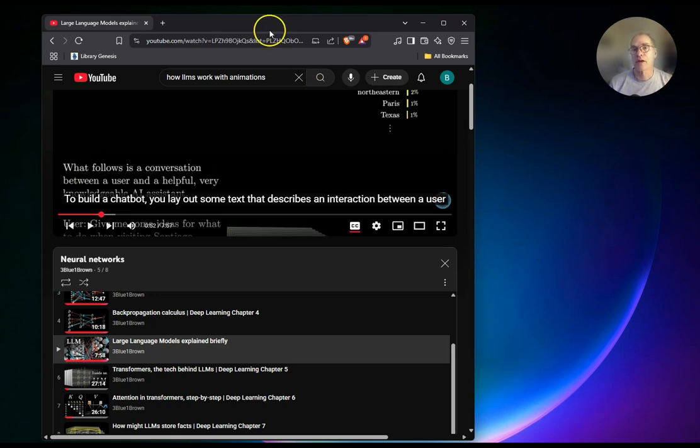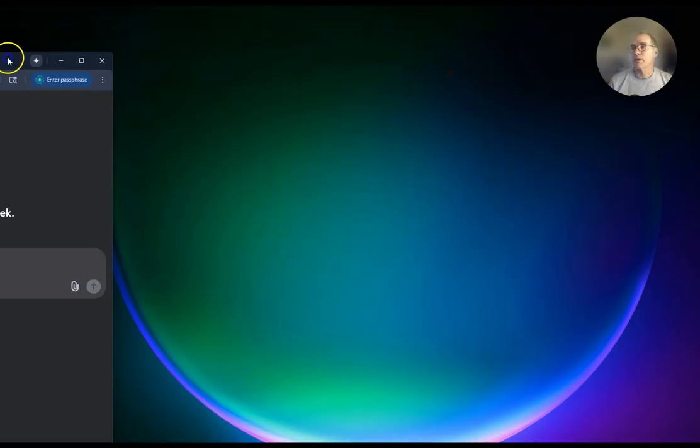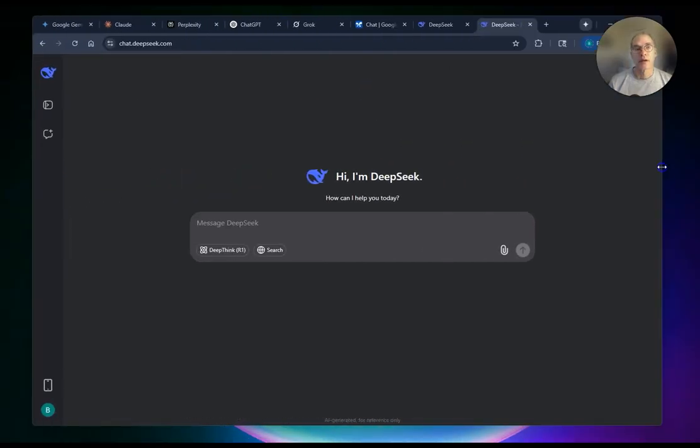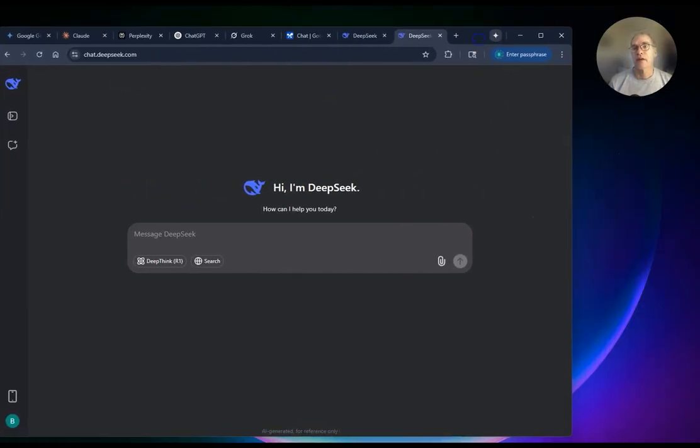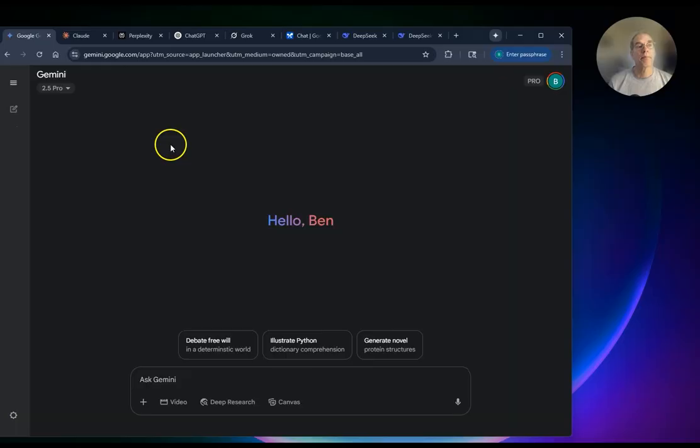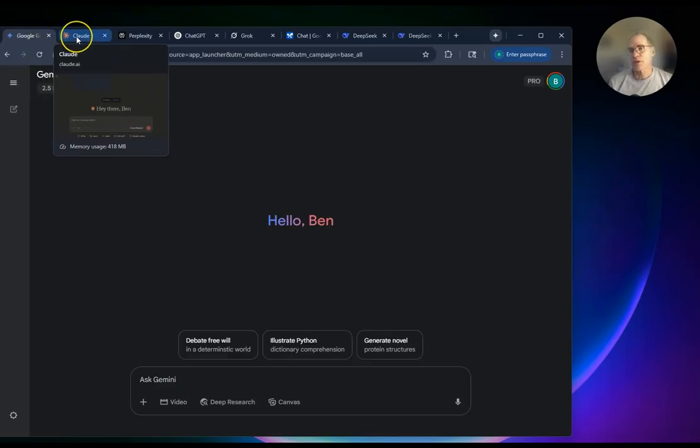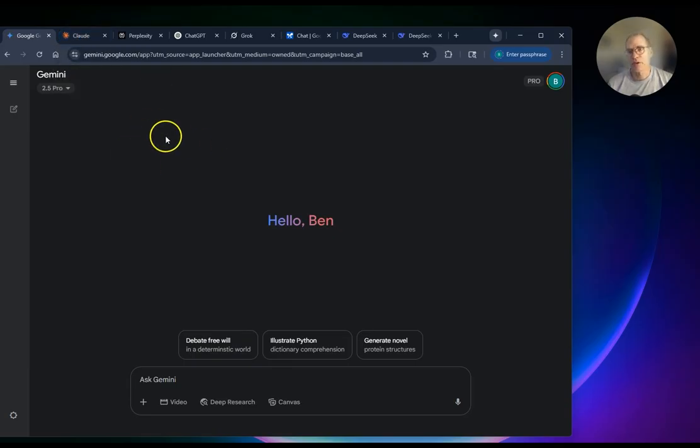So let me start with what's out there. The big large language models that you can essentially use for free, or at least some parts of them for free, are Google's models, called Gemini, and the current biggest, fanciest one is Gemini 2.5 Pro.